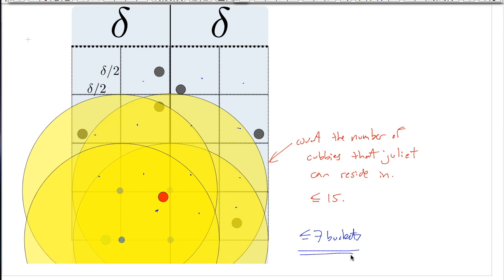Question. We don't know where the point is. All we know is it's in the cubby. It's somewhere in the cubby, so let's consider the worst cases. Those are the four corners of that cubby. This is an argument to say no matter where the point is in the cubby, I only need to check my 15 neighbors of that cubby. Question? Yes.